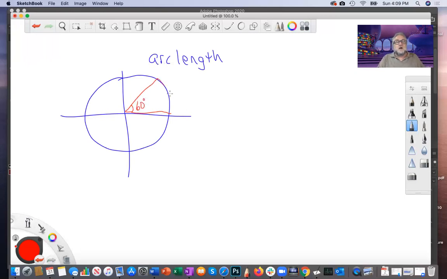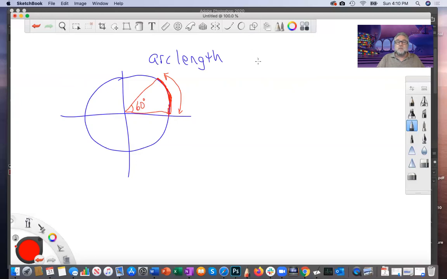And I want to know how long this arc right here is. That's the arc length. Arc length is a length along the perimeter of the circle, but it's bounded by a certain angle. So in this case, it's 60 degrees of the whole thing.